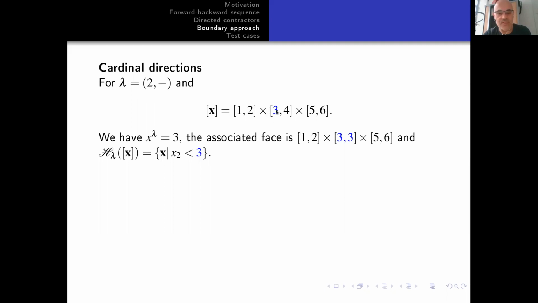So the face, for instance, associated to lambda equal 2 minus, is x lambda equal to 3, the bound corresponding to lambda, and the associated face is this one, okay, 3, 3. And I define h of lambda, which corresponds to the half space corresponding to 3. So it is the set of all points that can see 3 from the outside.